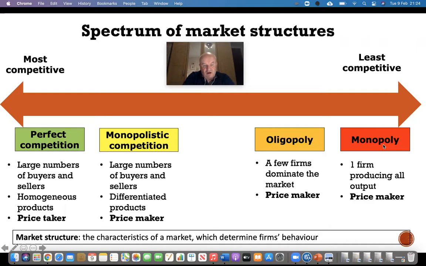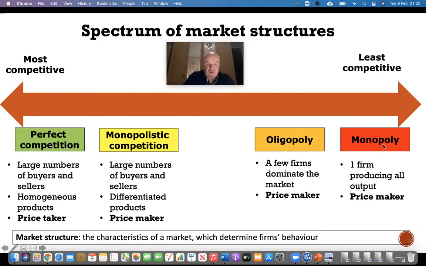Then you've got a situation which is slightly more competitive than a perfectly competitive market, and that's when you've got something called monopolistic competition. That's where, again, you've got a large number of buyers and sellers. But in this case, you've got differentiated products that are slightly different from one another.